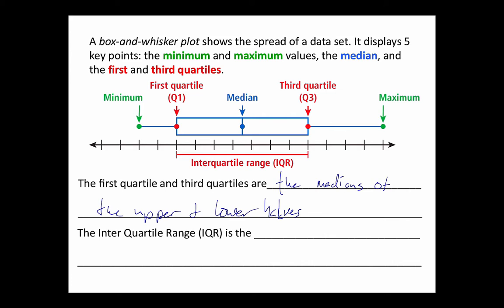The interquartile range is the distance between your quartiles. You'll notice up top we have Q1 and Q3. The way we calculate that is the IQR is equal to Q3 minus Q1, just looking at the distance between your quartiles.